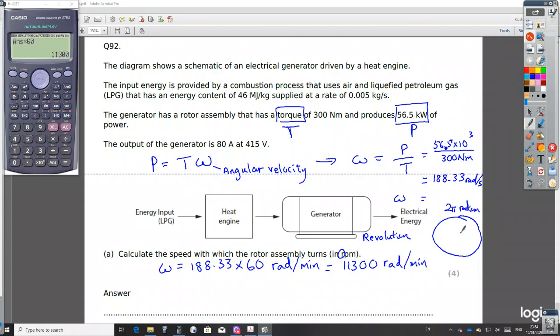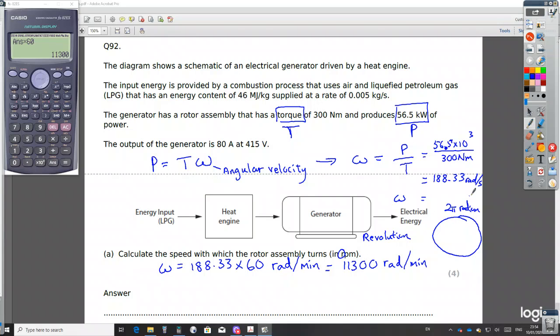So I will ask myself, how many 2 pi are inside this number of radian? And that would mean how many complete revolutions there are in that amount of radian.